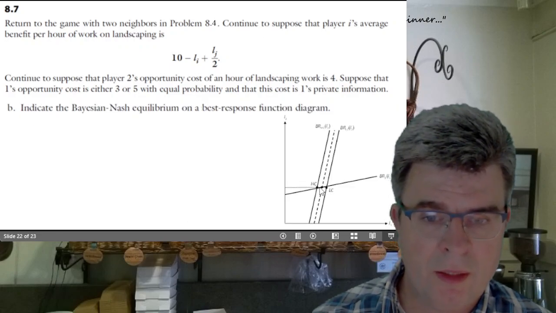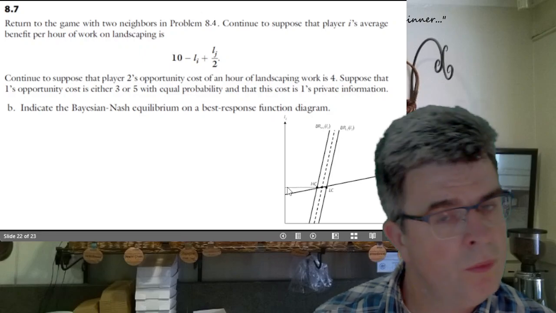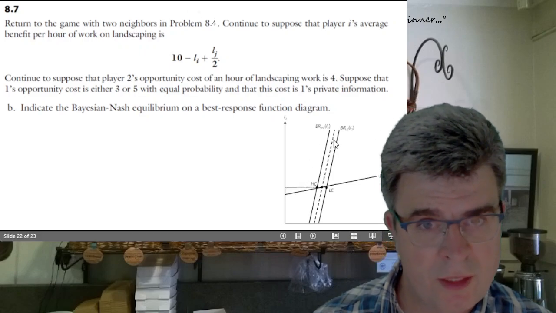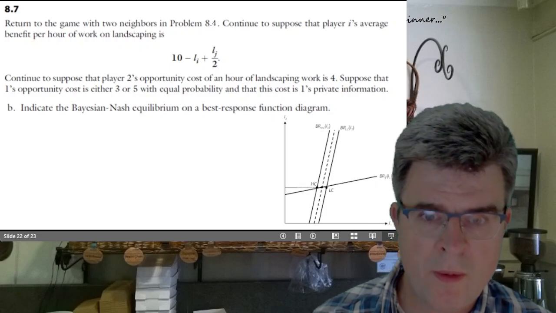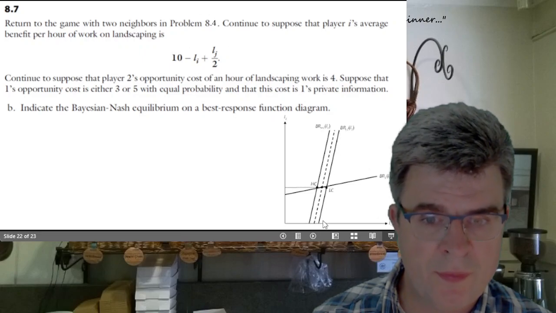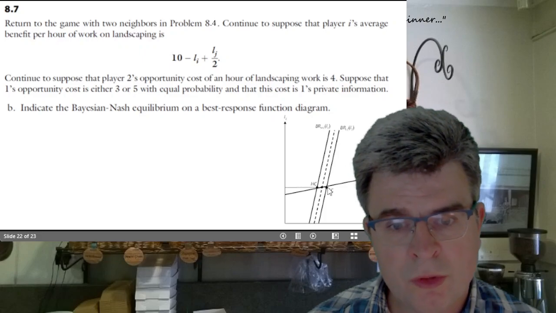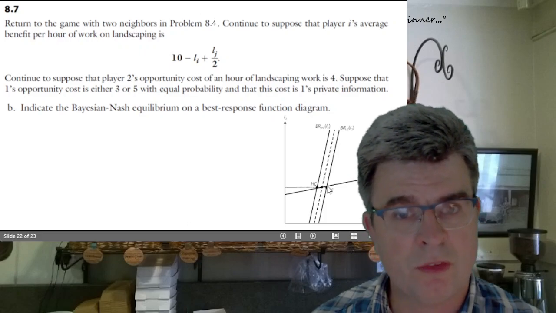And he will act accordingly and spend 4 hours of work on the garden. But now, if this neighbor 2 would know that his neighbor has a lot of time, that his opportunity cost is low, such that the best response function is actually this line over here, then neighbor 2 would also spend a higher amount of effort himself.